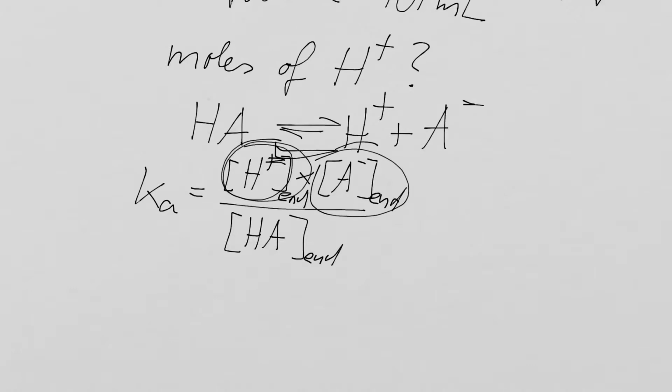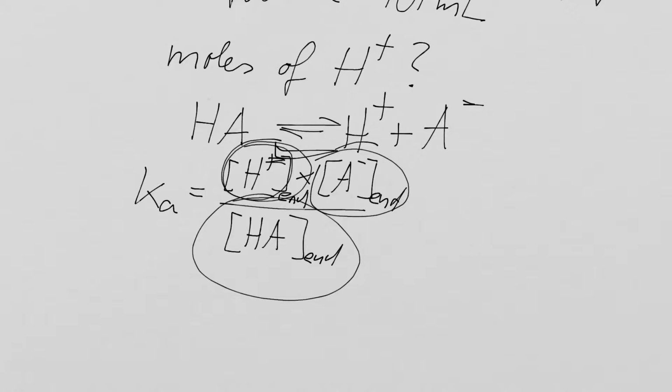Do we know the concentration of this HA, of the undissociated acid at the end? No, we don't. We know what the concentration of the HA is right at the beginning. It's 1 molar. But we don't know what it is right at the end.